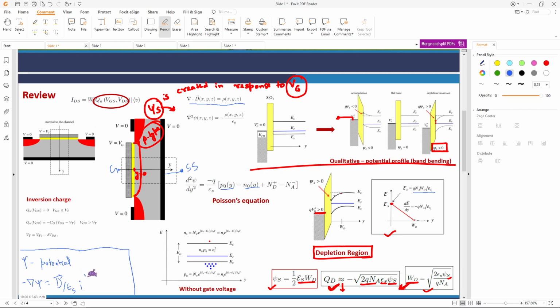So we can also write psi is equal to the integral of E dx, or rather, E dr. If we integrate the electric field along a certain direction, we will get the potential difference along that direction. Now I know the electric field is varying like this from here to here. So to get the potential difference, I need to find the area under this curve.